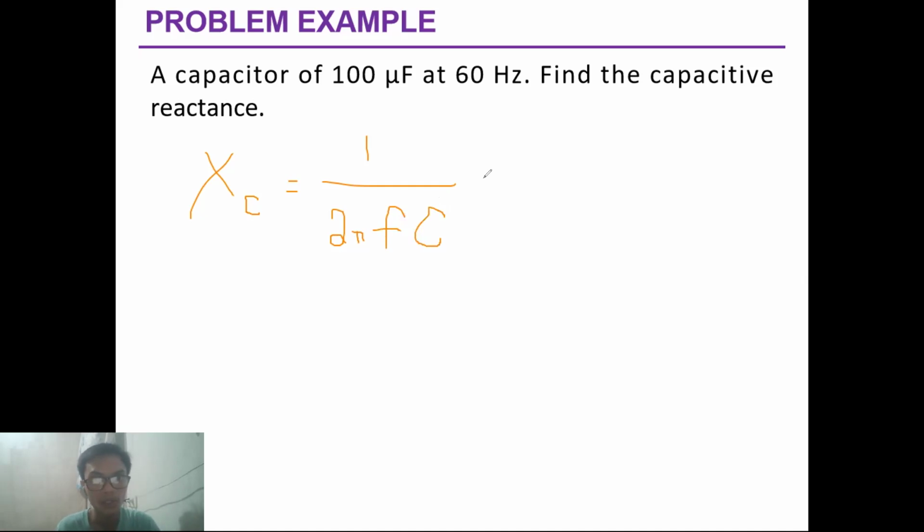So let's substitute the values. We have 1 over 2 pi times 60, which is the frequency.